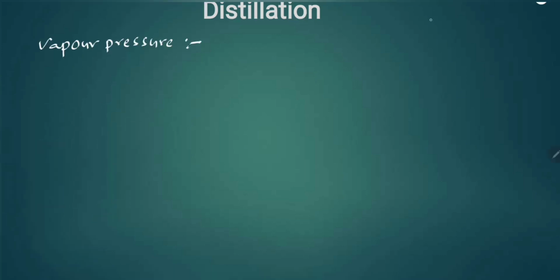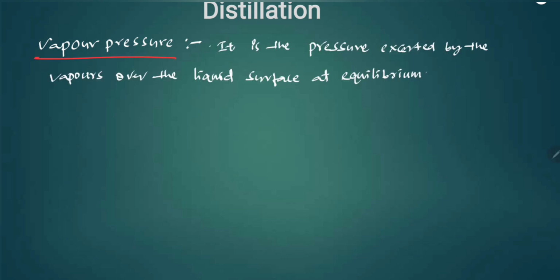What is vapor pressure and what is boiling point? Let's see. Vapor pressure is the pressure exerted by the vapors over the liquid surface at equilibrium. The next term is boiling point.